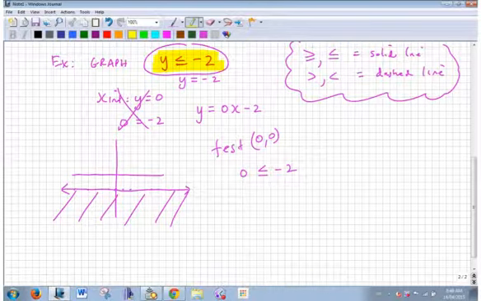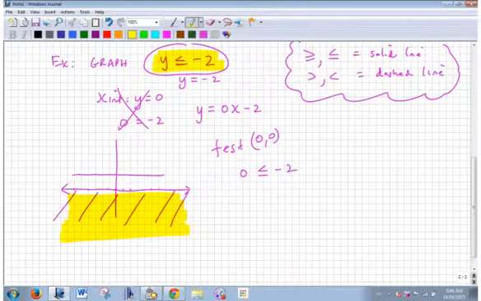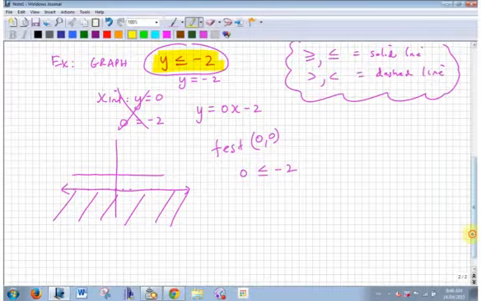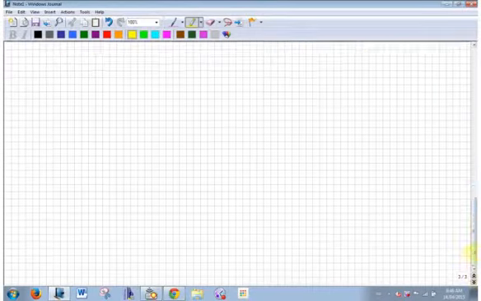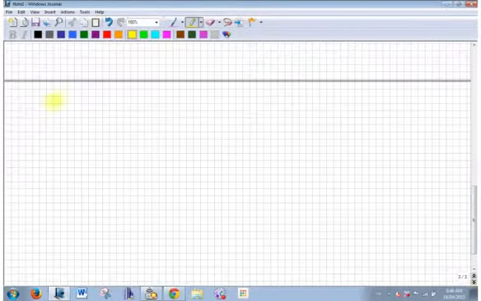All of this is a solution. Anything less than or equal to -2. So use a test point if you want, but common sense says that's the part I'm going to shade. This is all solutions. Points out to infinity. Okay? Same stuff, just a little bit different. This is going to be quite a bit different.